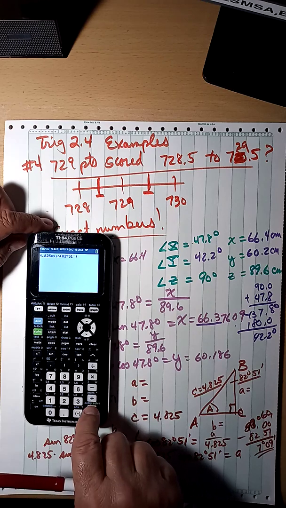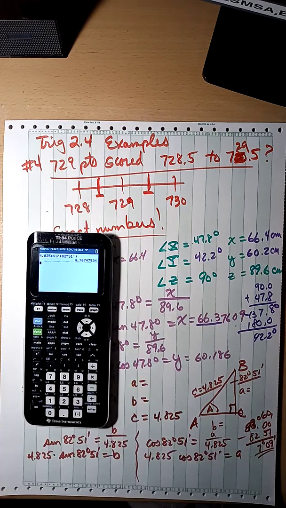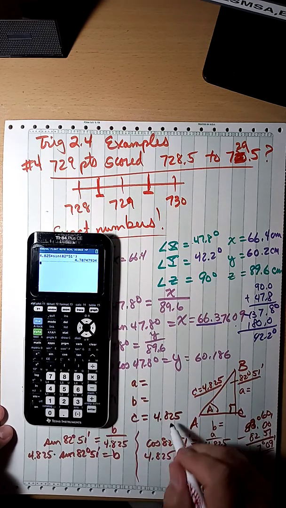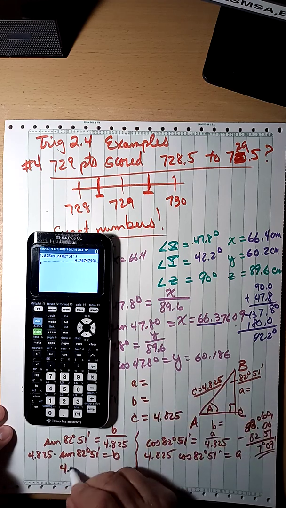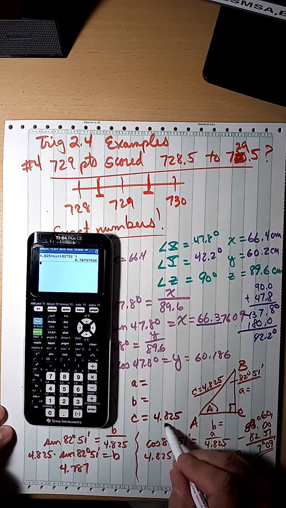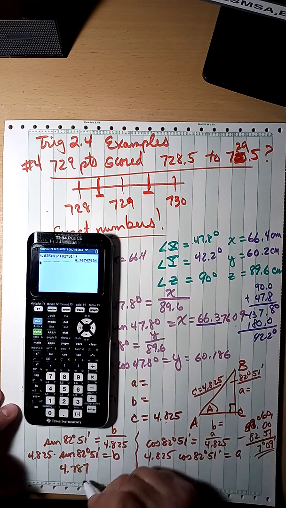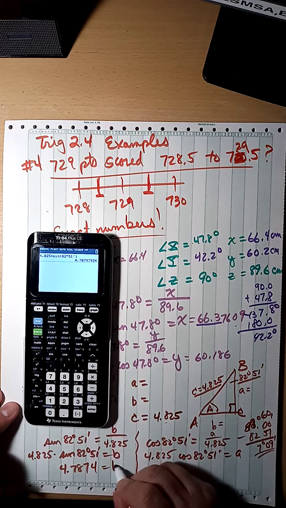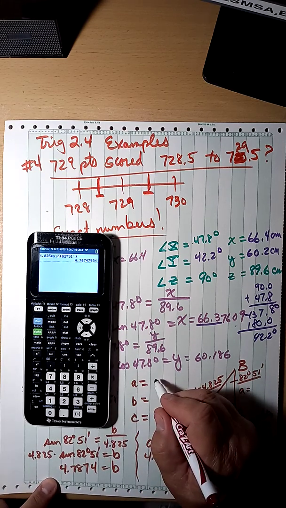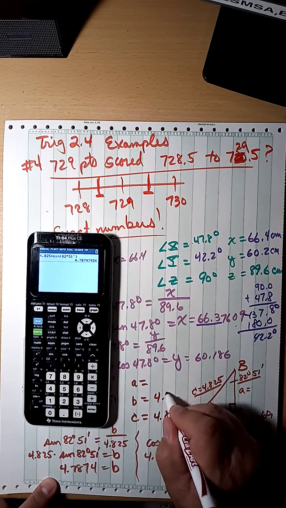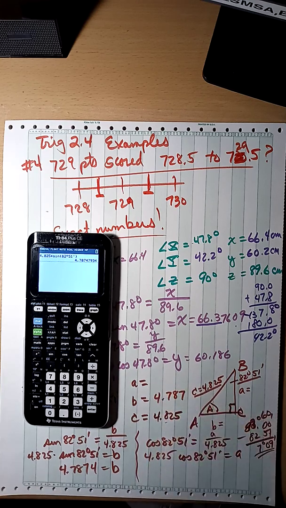That's what b is going to be. And it gives me 4.787. Let's write it here. 4.787. Since they want 3 places here, I need to go one more: 7874. So it is just 4.787. That's b. Now they say, oh, these are meters.